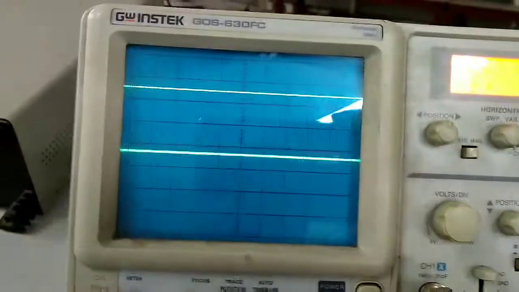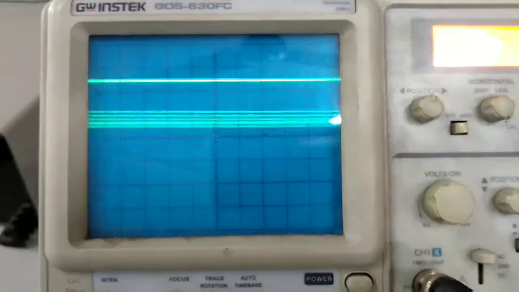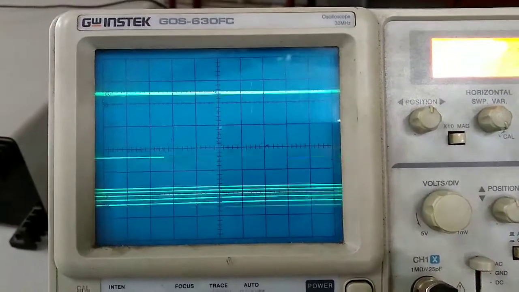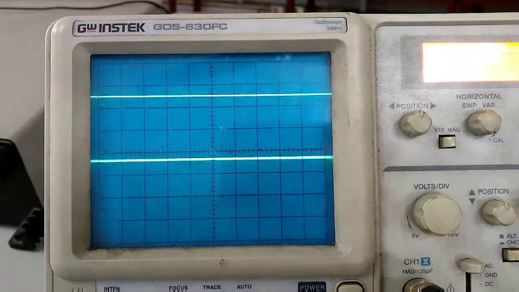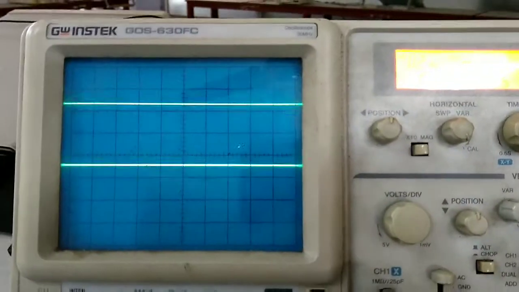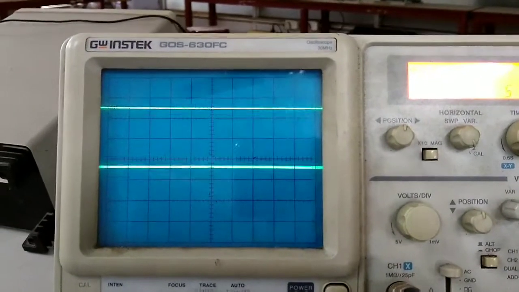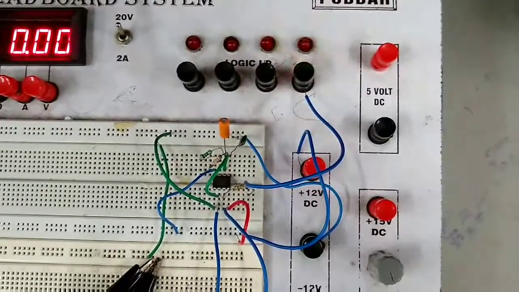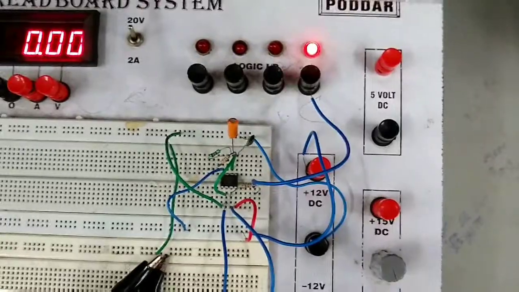And this is the CRO showing the waveform. See, this is the signal of 1 hertz. So nothing can be understood here. So the LED is blinking here, so our circuit is working perfectly.